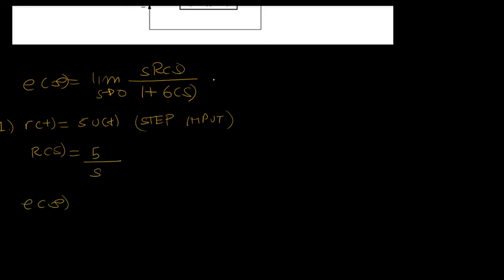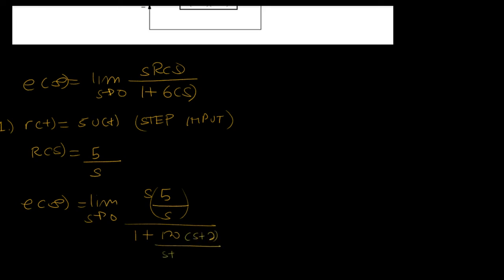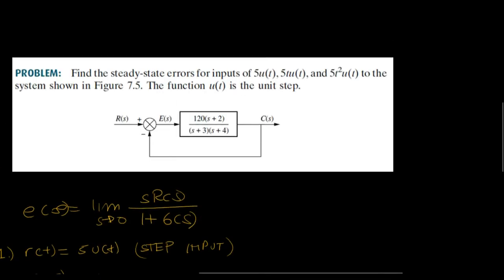So, yung error natin is limit s approaches 0, s times 5 over s, over 1 plus 120(s+2) over (s+3)(s+4). Okay, tama ba?